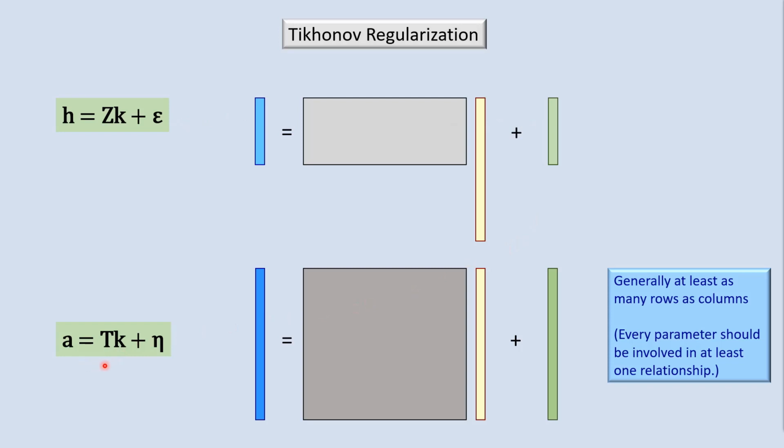I'm going to refer to these using the equation A equals Tk plus eta, where T is a matrix that expresses my so-called regularization constraints. This set of equations, expressed by this matrix equation, provides a value for each parameter, or a value for relationships between parameters. We'll see some examples shortly.